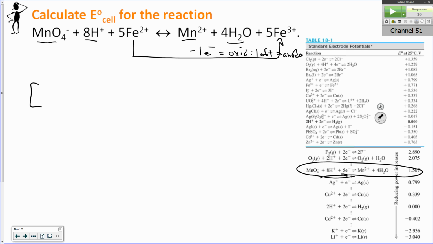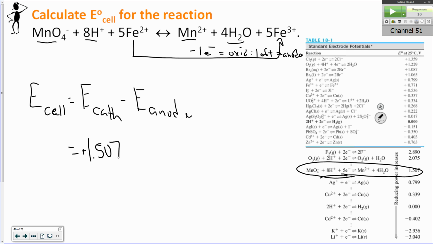So E of cell is simply E cathode less E anode. I look up E cathode, it's a positive 1.570, less E anode.